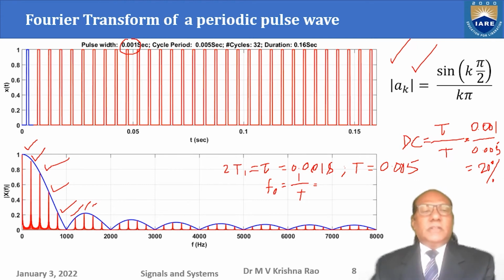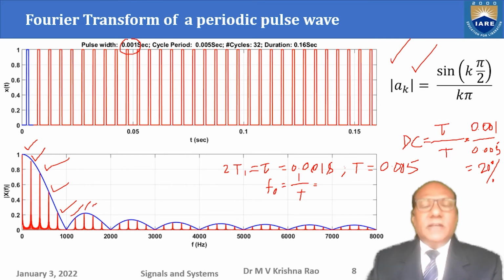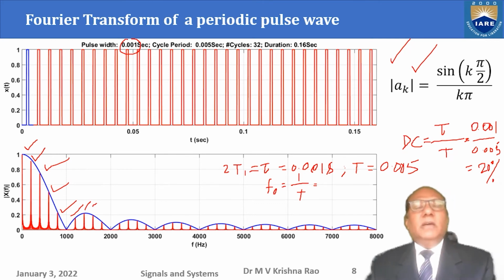Okay, so it comprises infinitely many sinusoids in theory. Practically, if you take some finite number, 10 odd harmonics must be sufficient for a square wave. And if it is 10 cycles, 10 nulls, that must be okay for the pulse waveform.